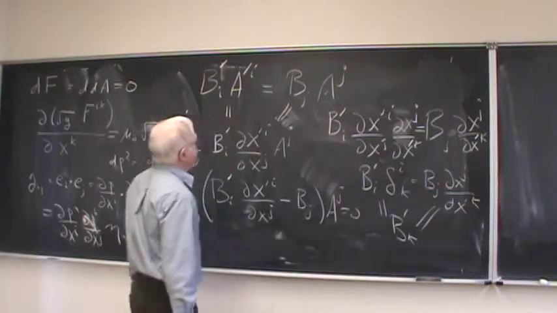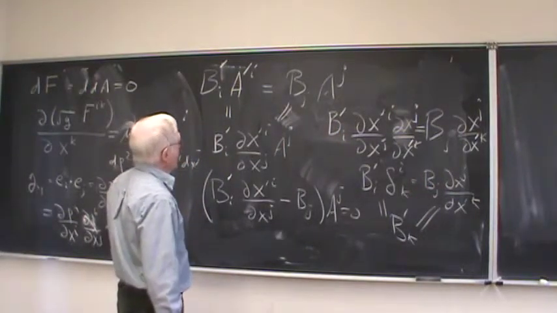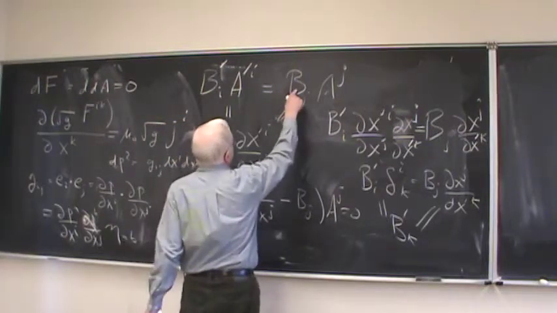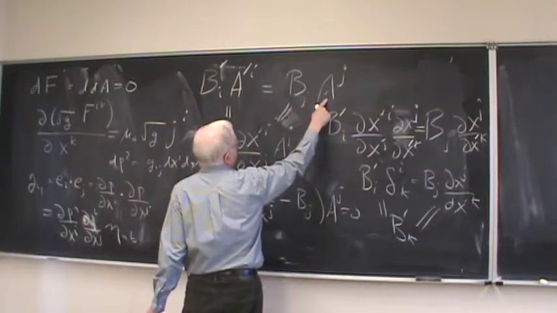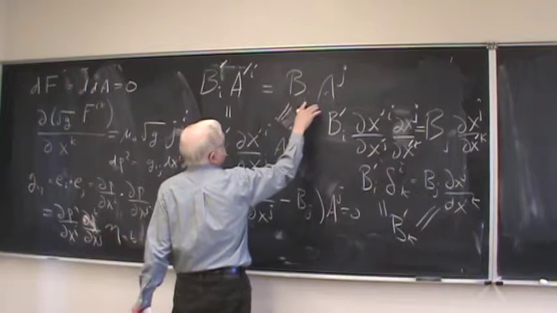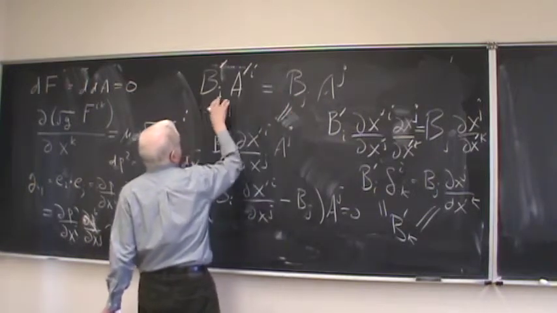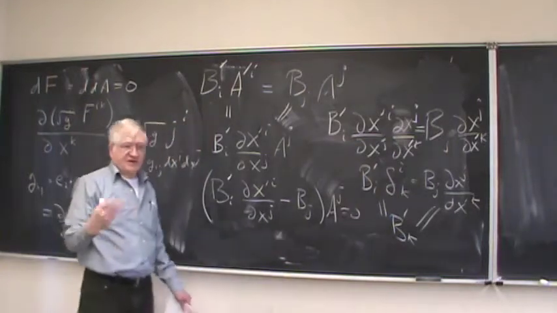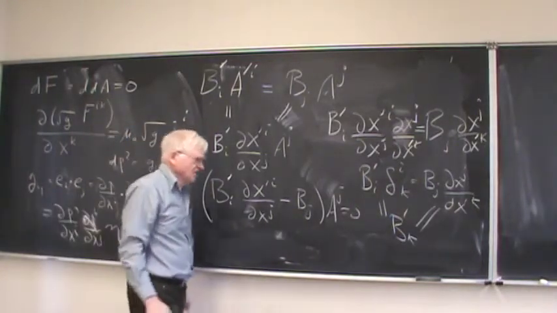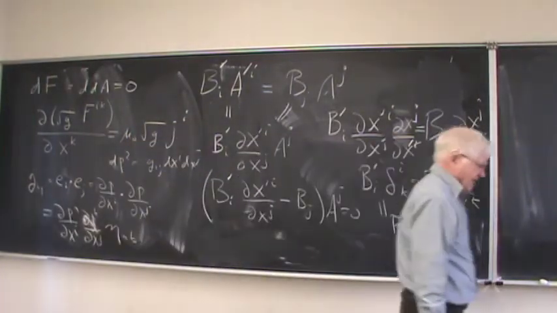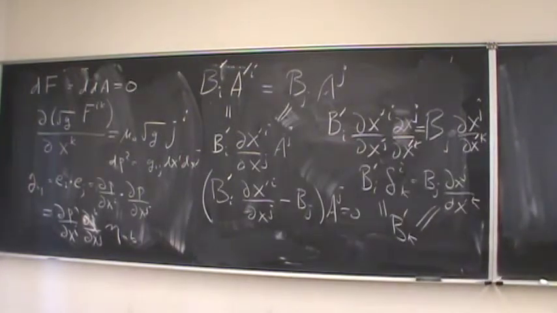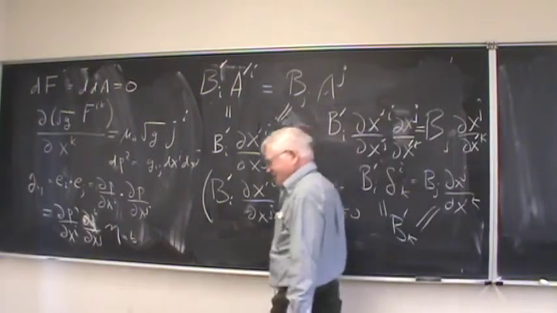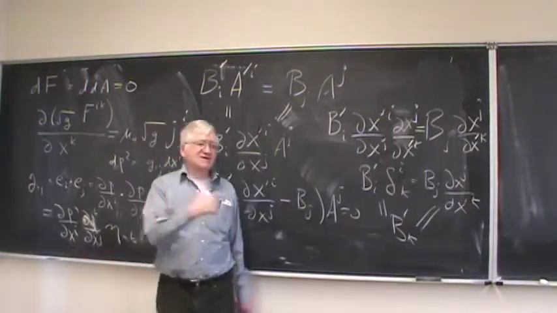So the upshot is, if you have a vector such that for every contravariant vector, its dot product with it is invariant, then that thing must have been a covariant vector. This is called the Quotient Theorem, and it's much more general than that, but in its more general form, the proof is conceptually the same as this.